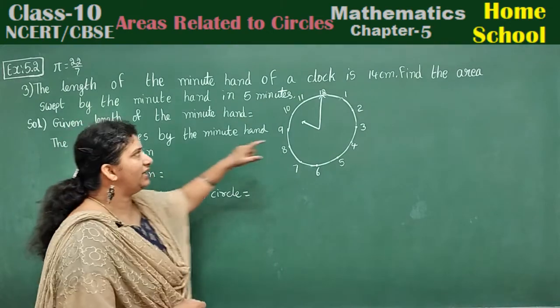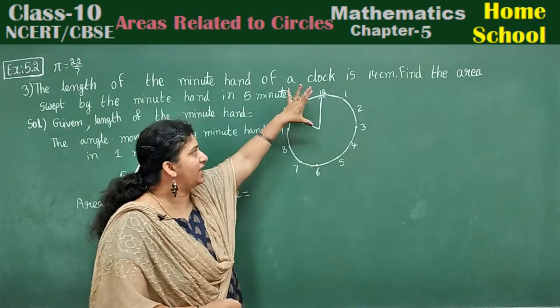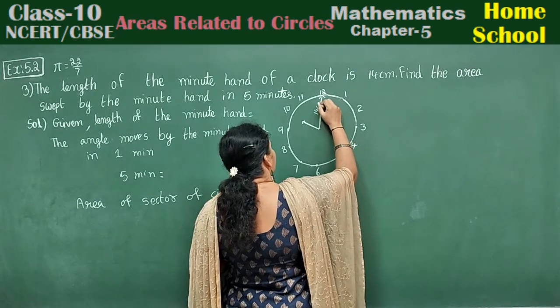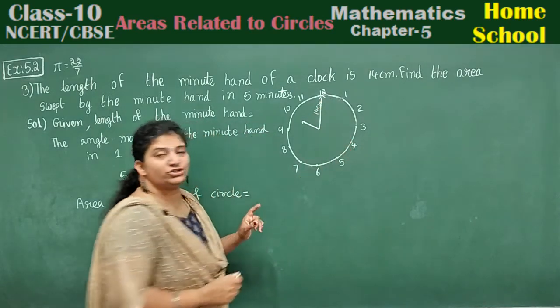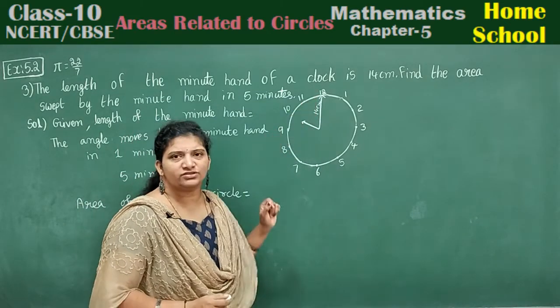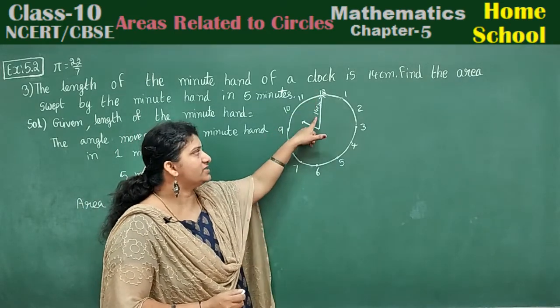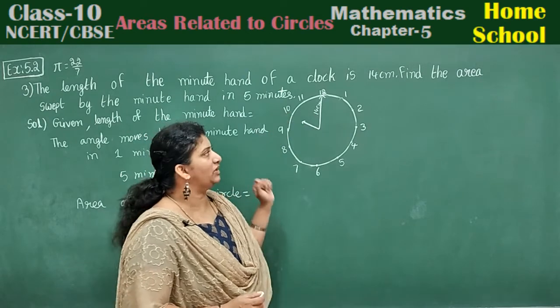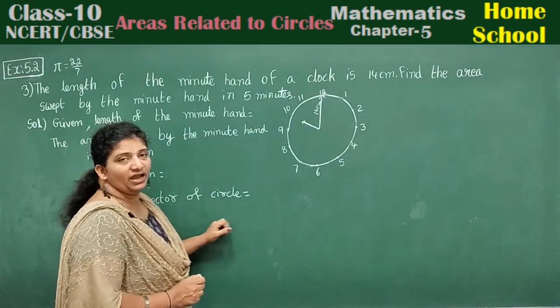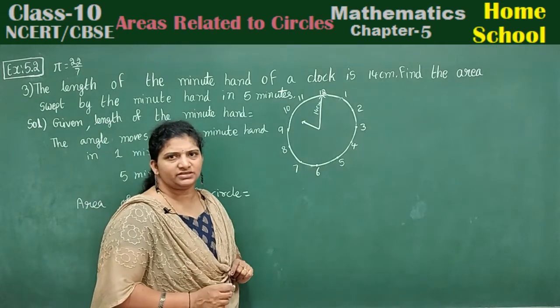The length of the minute hand of a clock. What is the length of this minute hand? It is 14 centimeters. I assume it as a radius, center to circumference of a circle. Find the area swept by the minute hand in 5 minutes.